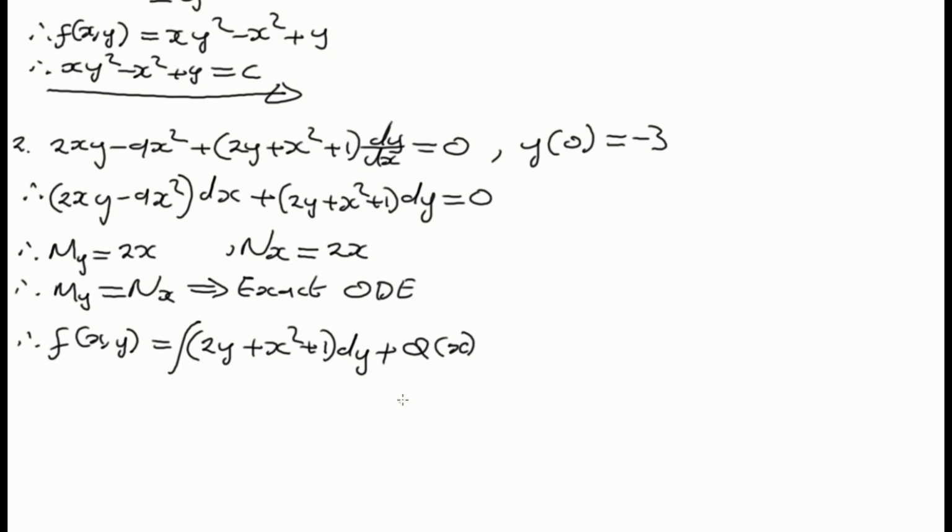The x function that is in the q of x, what we know is that when this N was being developed, x was a constant. So the terms which were having x only got lost. So we are trying to recover those functions which were x only. We recover them with the integration constant, because the function, for instance, could be xy squared plus, maybe say, x squared plus y squared plus a 4, right?